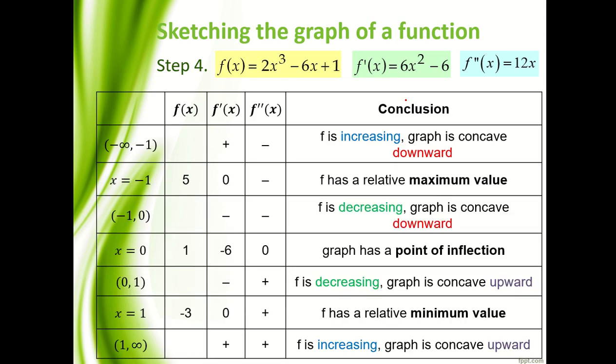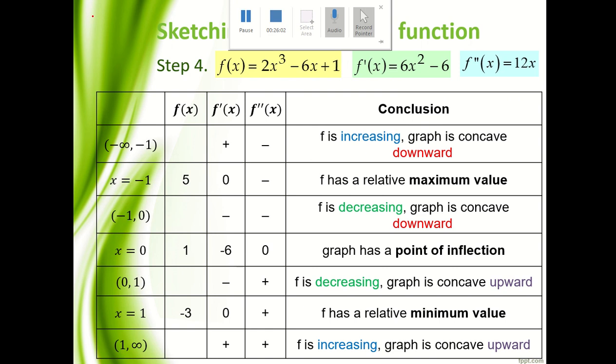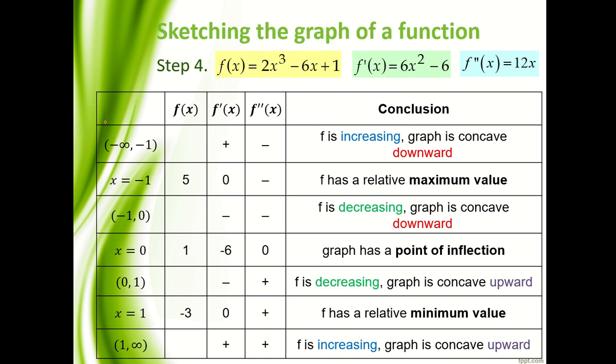Creating this table, for the first interval, negative infinity to negative 1, we are going to substitute values within this interval. Whatever values you substitute within this interval, the first derivative will always be greater than 0, meaning positive, and the second derivative will give us negative.